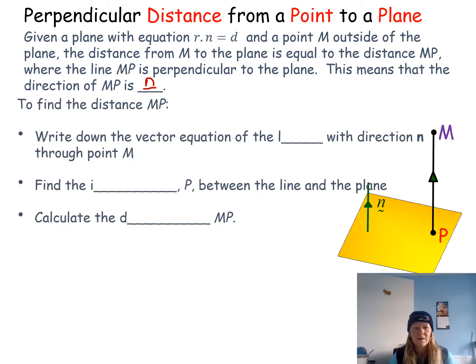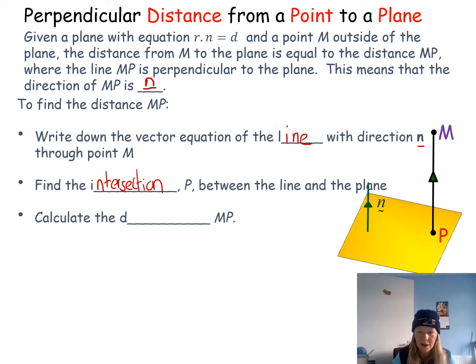To find this distance MP, we write down a vector equation of the line with direction N through a point M. So we try and find the equation of this line here, which has the same direction as that. Find the intersection P between the line and the plane.